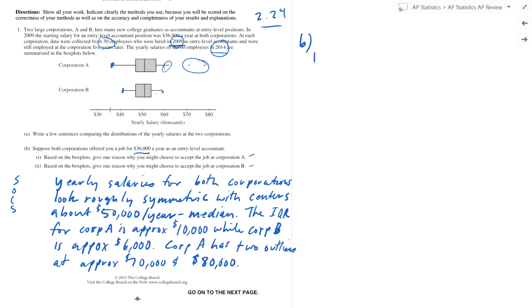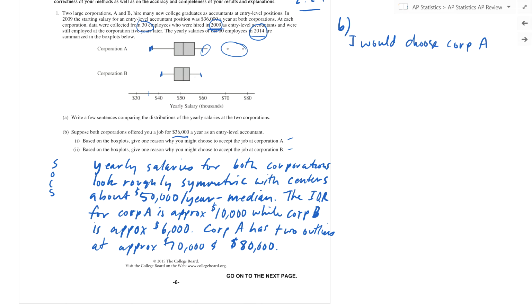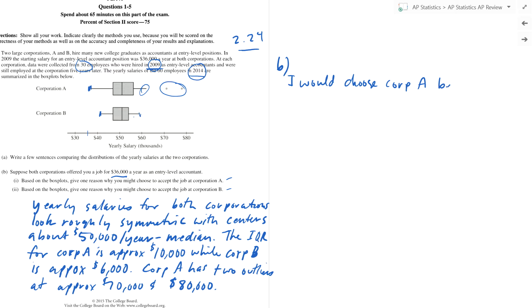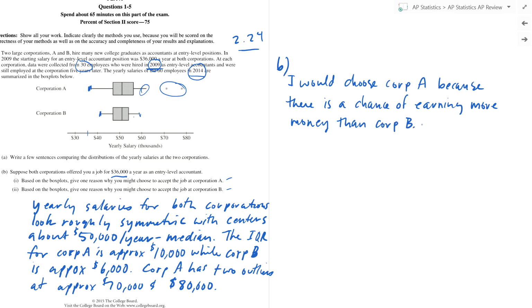Okay, so let's see, I would choose Corporation A because there is a chance of earning more money than Corporation B, i.e., a small amount, or that is a small chance.